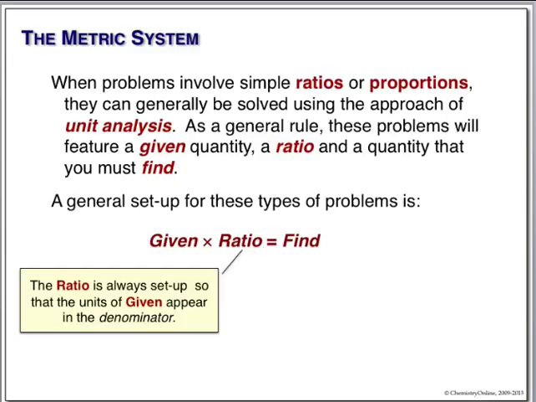What you do is you look at your problem and you try to identify what's given in the problem, okay? Then you come up with a ratio that relates given and find. Very simple.